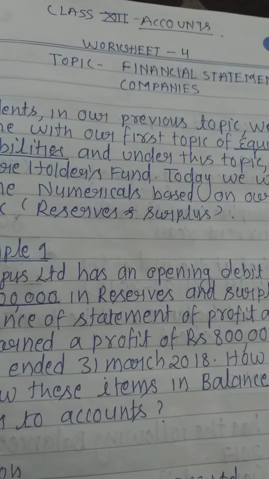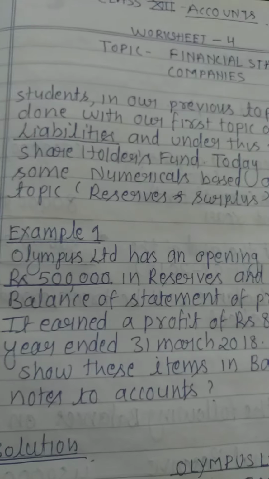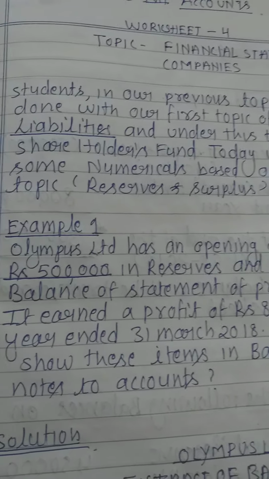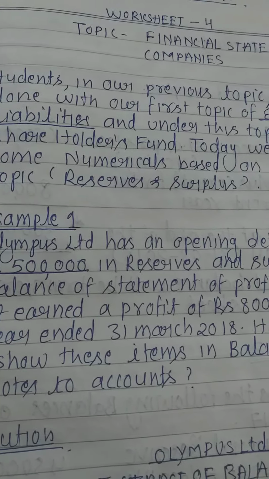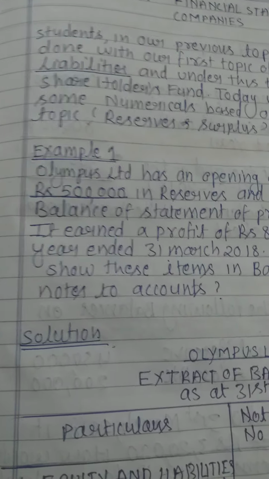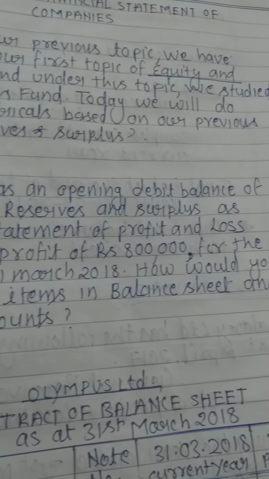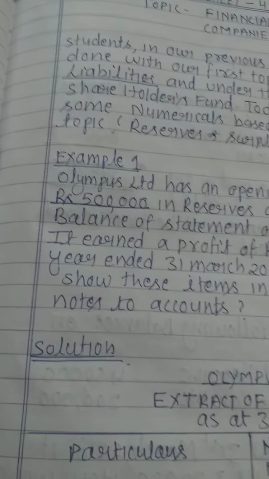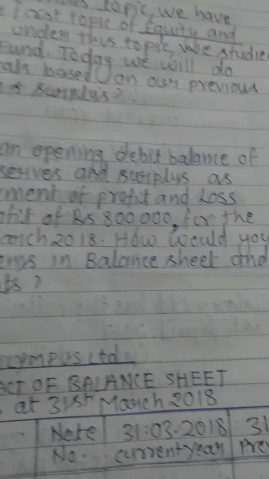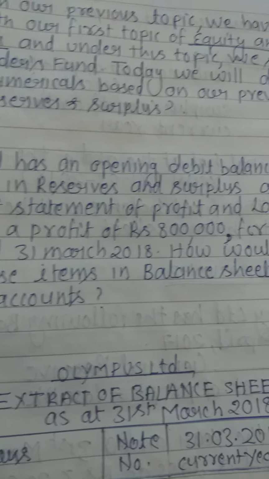I have selected some numericals for you in order to give you some practical knowledge regarding the topic reserves and surplus. So let's start with our example 1. Olympus Limited has an opening debit balance of rupees 5 lakh in reserves and surplus as balance of a statement of profit and loss.